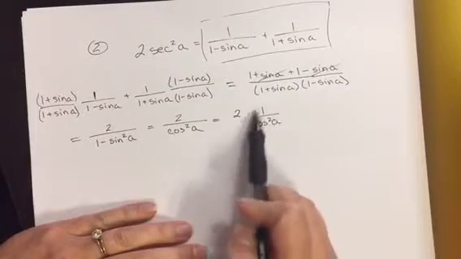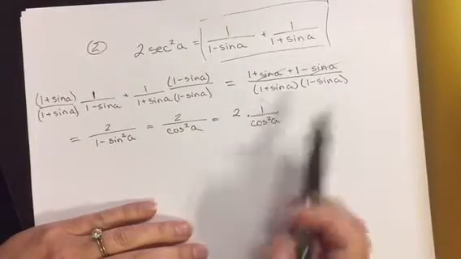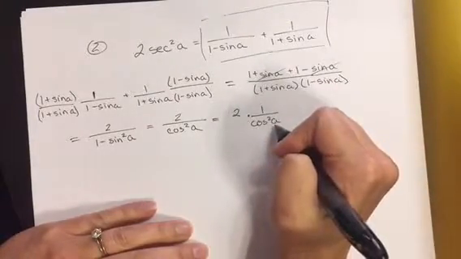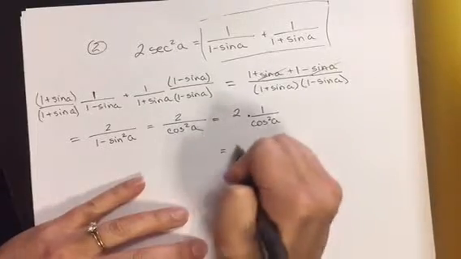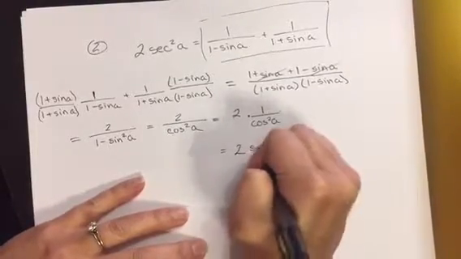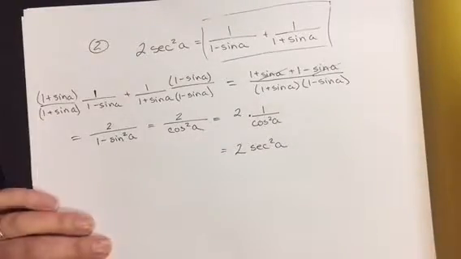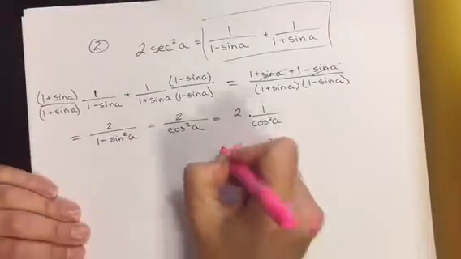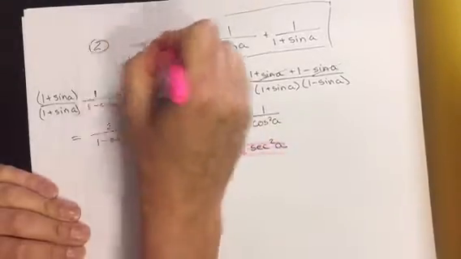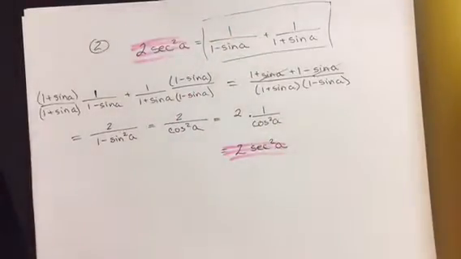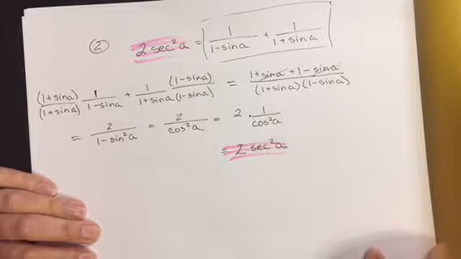And so since cosine squared a is the reciprocal of secant squared a, I'm going to fill in secant squared a. And so now I have verified this identity. I have made the two sides equivalent. Okay.